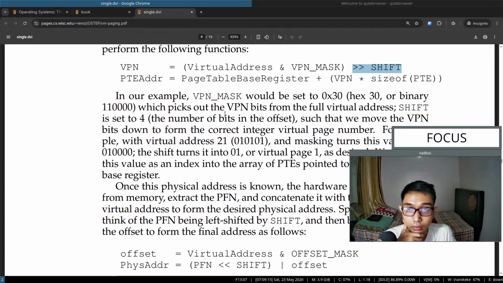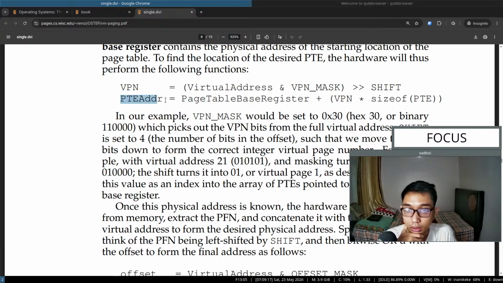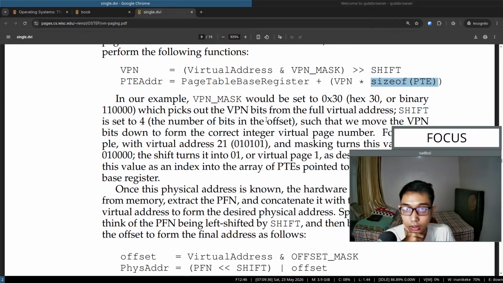Okay, right shift, and then page table entry address equals page table base register plus virtual page number multiplied by the size of the page table entry.